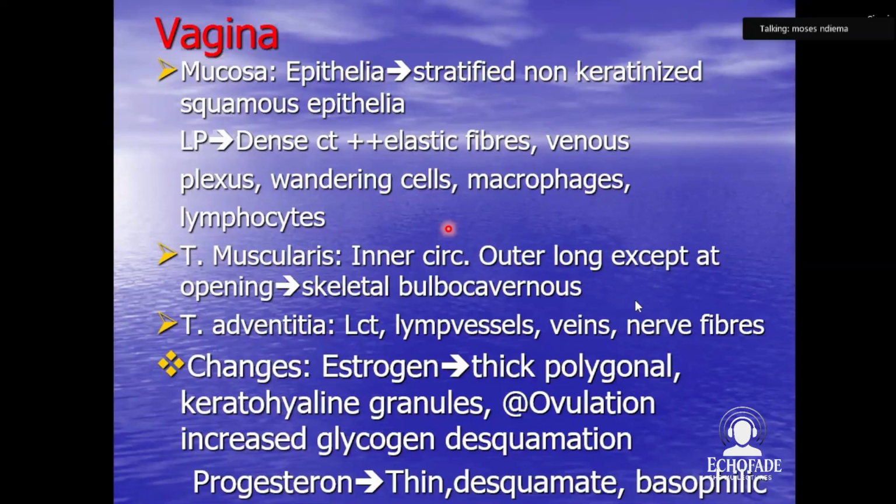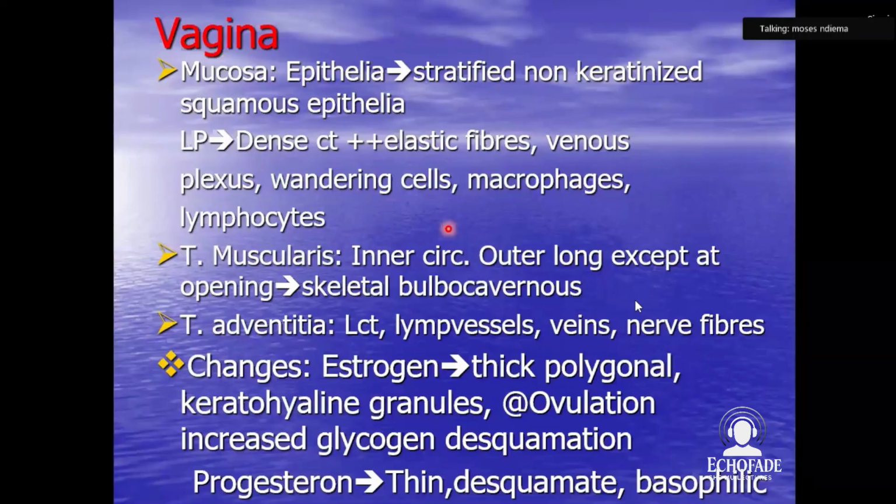When we have progesterone, the epithelia becomes thin and desquamates. This desquamation means sloughing off of the outer cells. And the cells in that case are basophilic because they have a lot of glycogen in them.